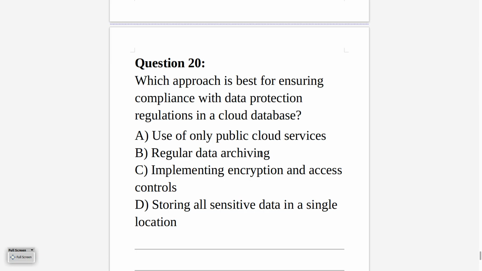Everything should be encrypted these days, and that's easy to do in the cloud. But access controls, I think, is maybe what they're getting at. If you got a cloud database, how are you compliant with data protection regulations? It's got to be access control. So let me see. It's going to be C or D, but I think it's C.